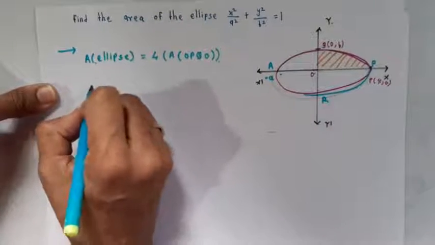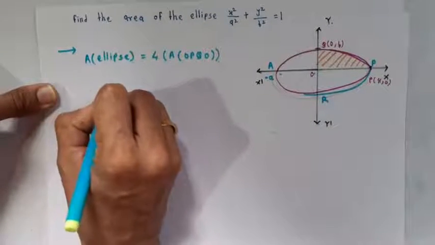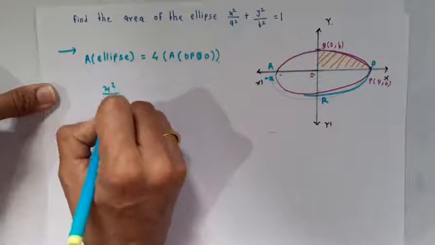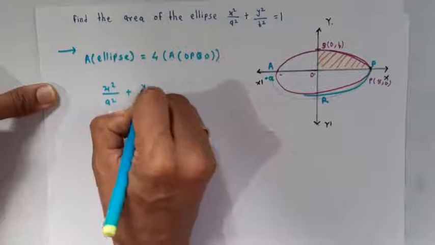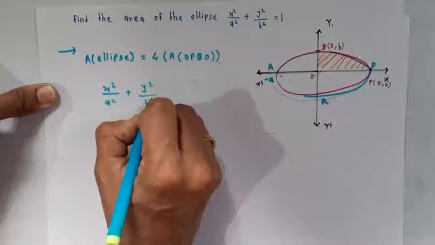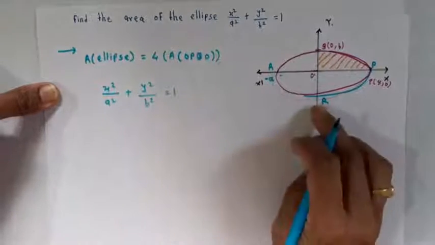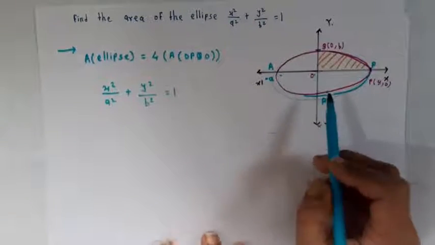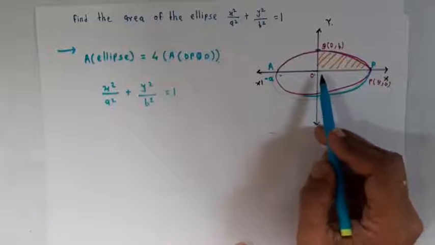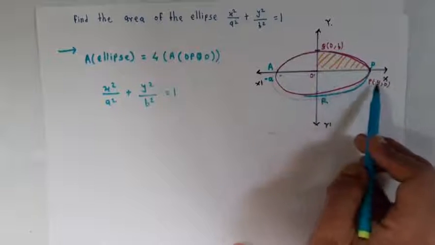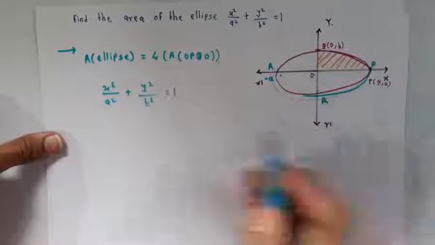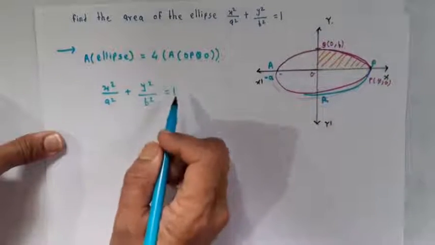The equation of the ellipse is x square upon a square plus y square upon b square equal to 1. As we are taking the limits from x equal to 0 to a, we will integrate with respect to x.